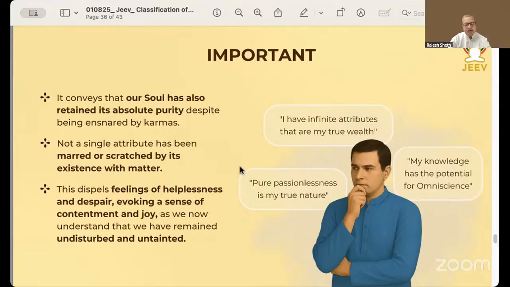But here it is 100% pure modification: omniscience, complete perception, infinite bliss, and infinite power. All these are 100% pure modification. So that was part A.